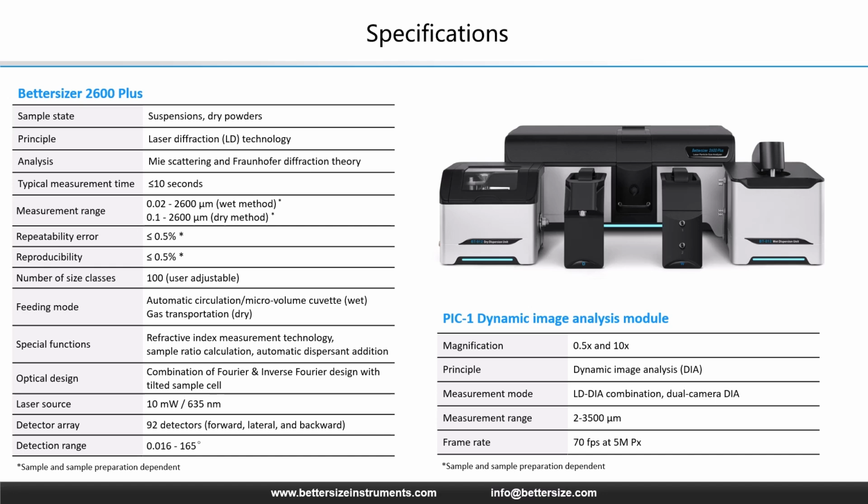With the optional Peak 1 module, it adds dynamic image analysis, extending the upper measurement limit to 3,500 microns and providing particle shape information. These robust specifications allow it to handle both wet and dry measurements with high precision.